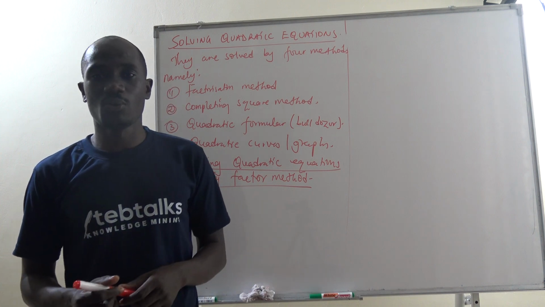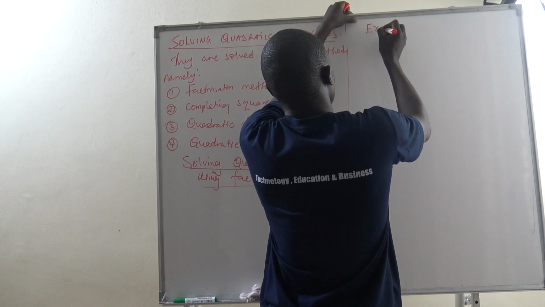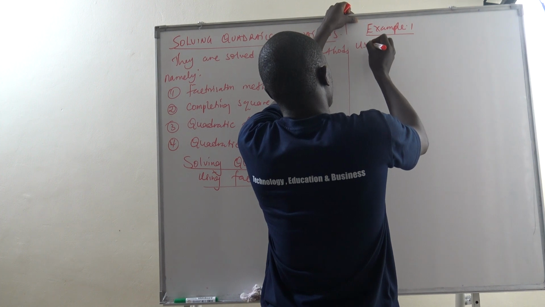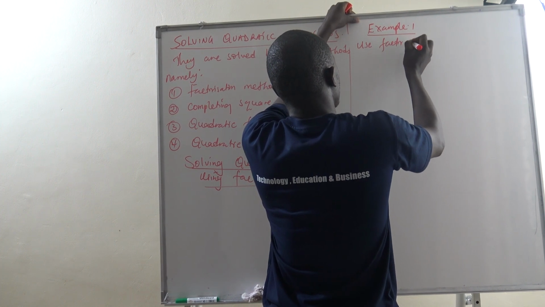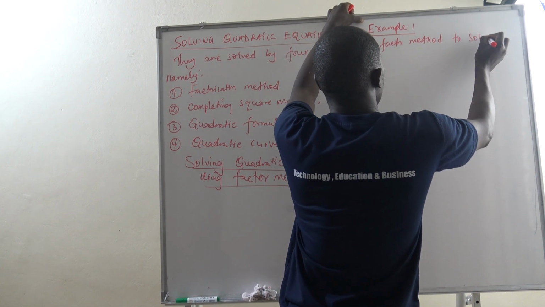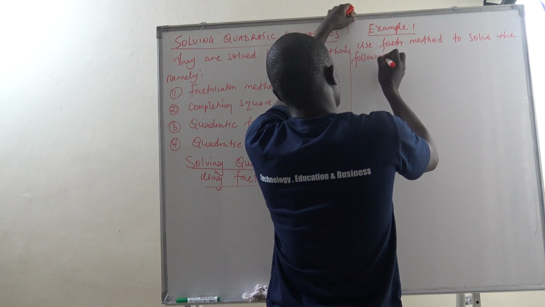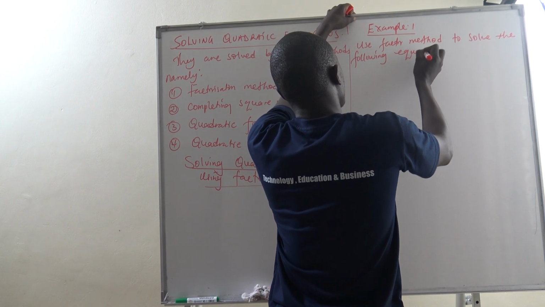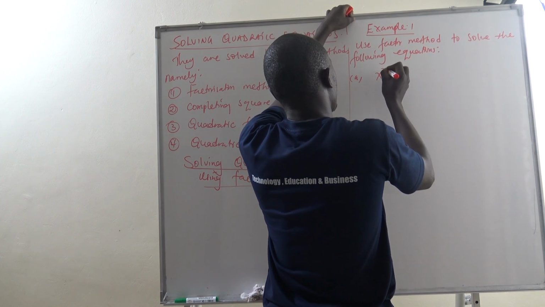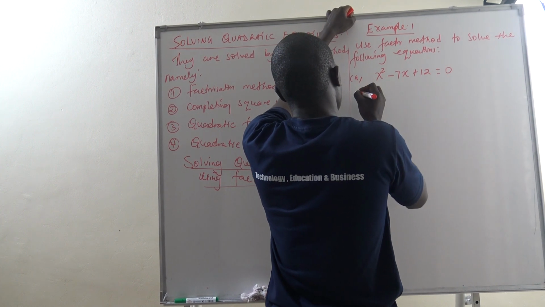We are going to start with the first example. Example 1: use the factor method to solve the following equations. Part A, x squared minus 7x plus 12 equals 0.